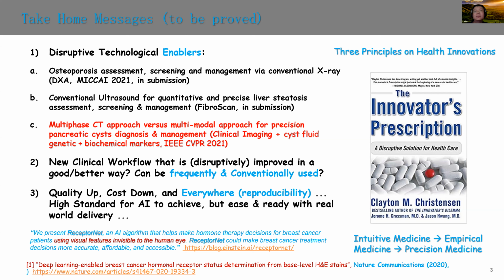I give a few examples, three from our own work, and one from USC, the Nature Communications paper just published last year. What AI, what deep learning can do is really an enabler. If you still hesitate or have a question mark, you should not, in my opinion.